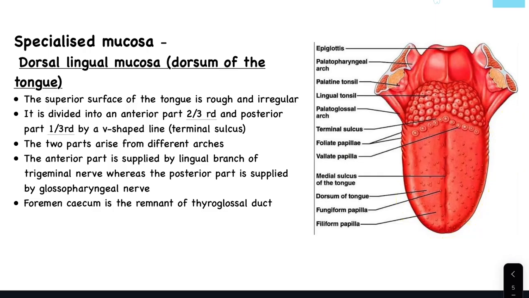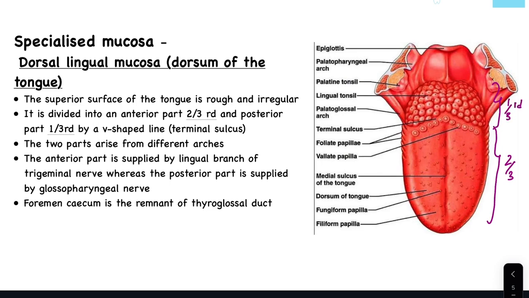Okay. Starting with this, the superior surface of the tongue is rough and irregular. We all know that. We've all seen that. It is divided into an anterior part and a posterior part. The anterior part is the anterior 2/3, and this is the posterior 1/3.